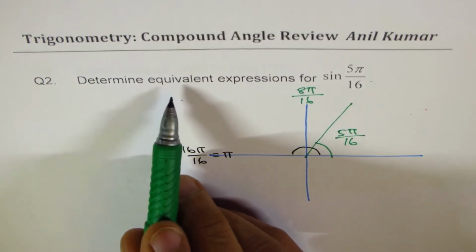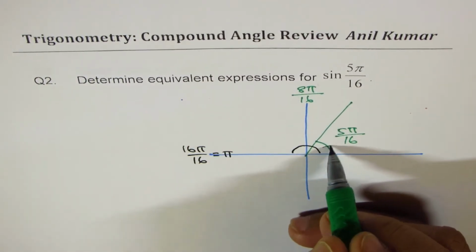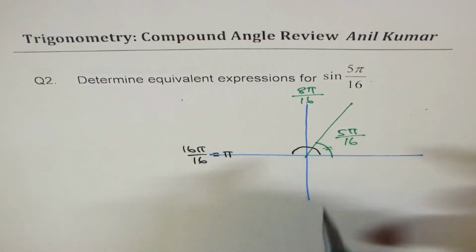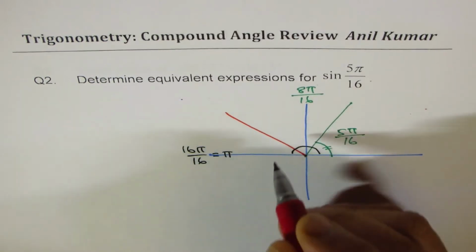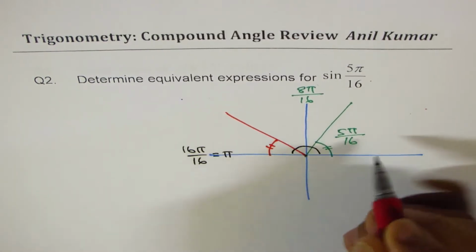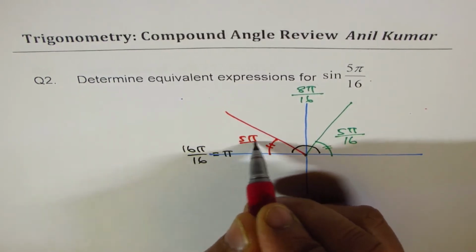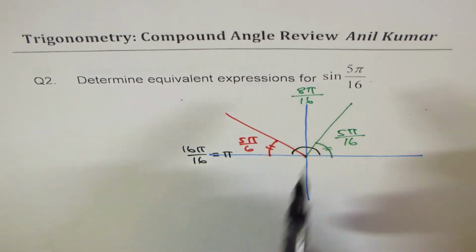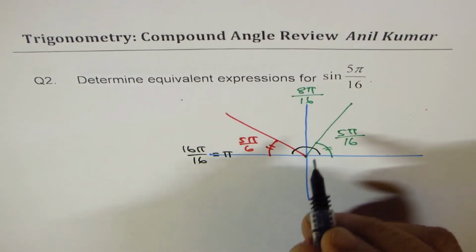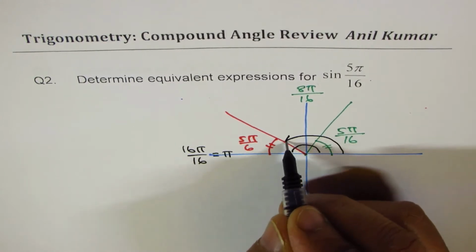Now when we are looking for an equivalent expression, the acute angle remains the same. We can look into a position like this, where this acute angle is also 5 pi by 16. In that case, we get an equivalent expression for sine, since we know that sine is positive in quadrant 2, right?